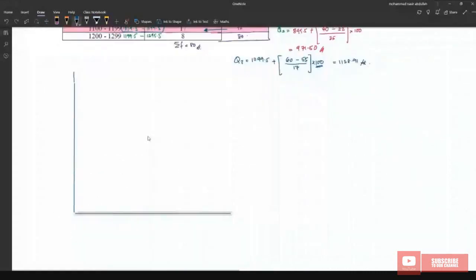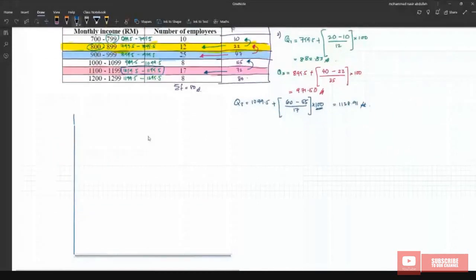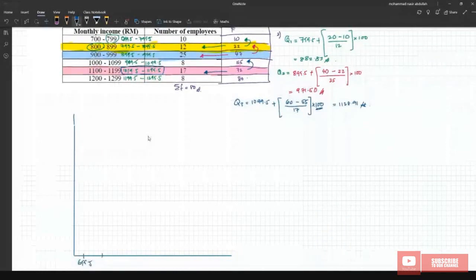So the lower class boundary is 699, so let's say 699.5. This is 799.5.